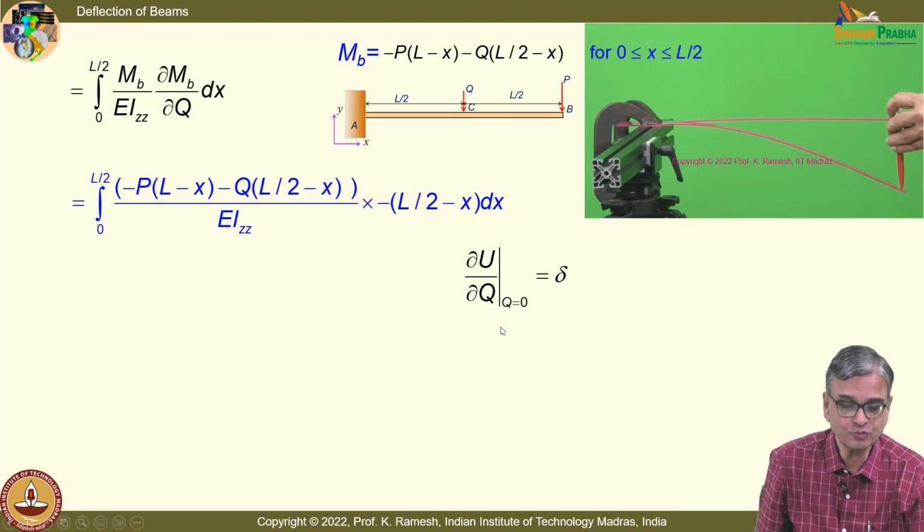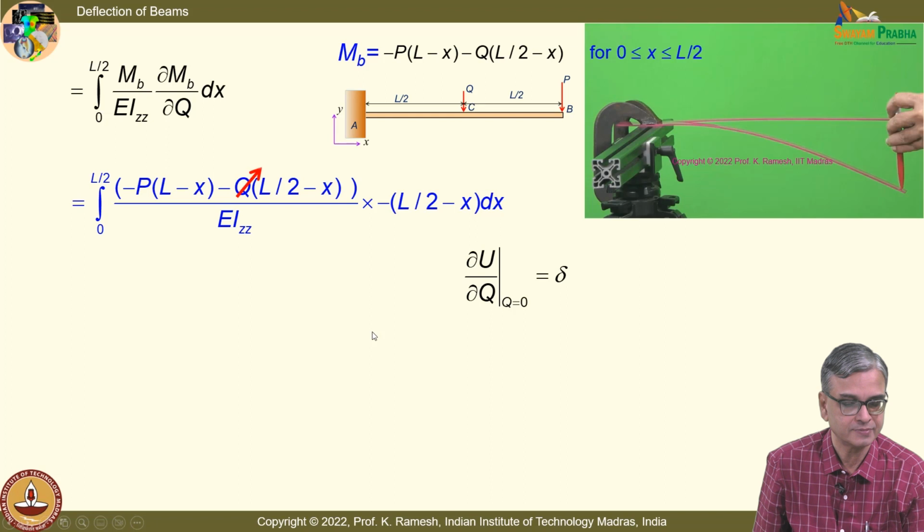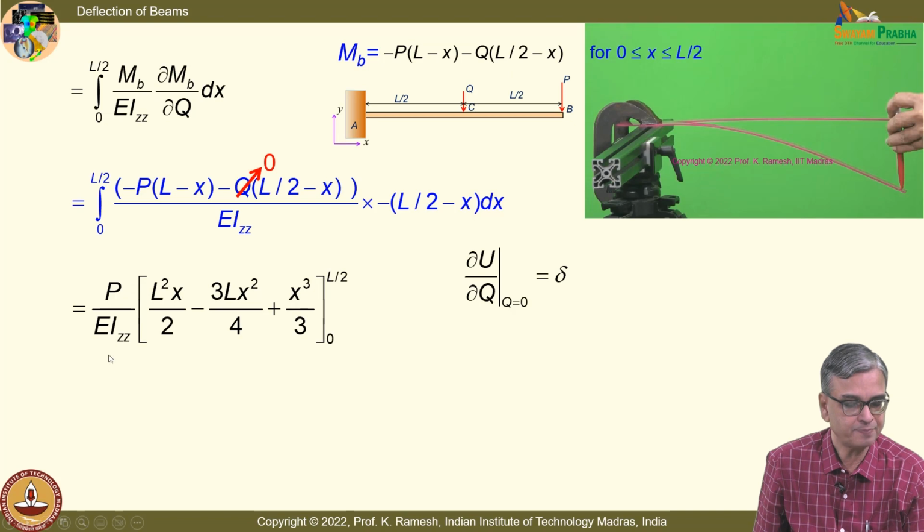Now, you substitute Q equal to 0 after differentiation, fine. We have differentiated it. So, I will make Q equal to 0. So, when I do the final integration, I get P by EIzz multiplied by L squared x by 2 minus 3Lx squared by 4 plus x cube by 3, from 0 to L by 2.